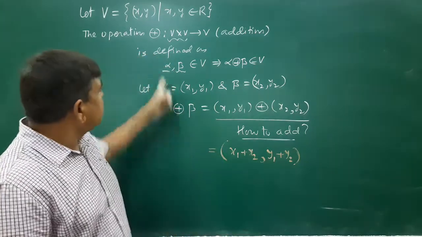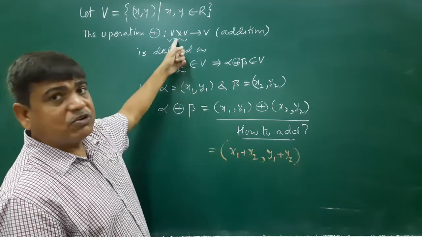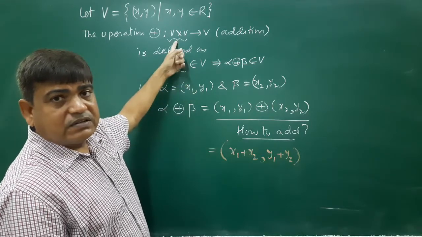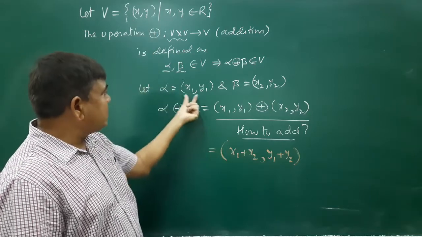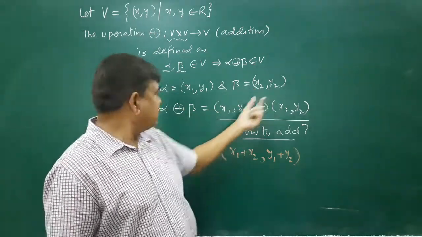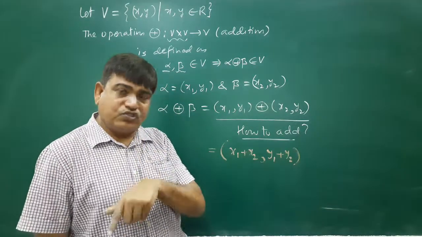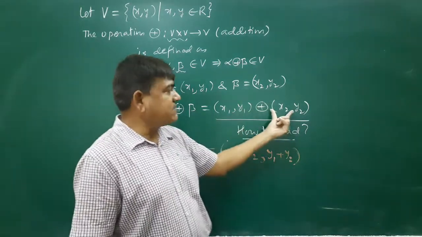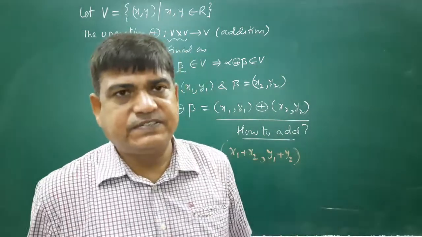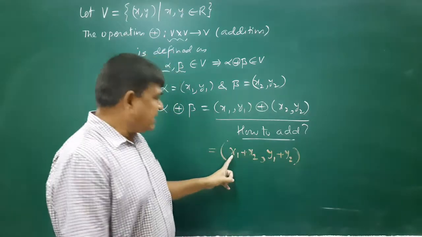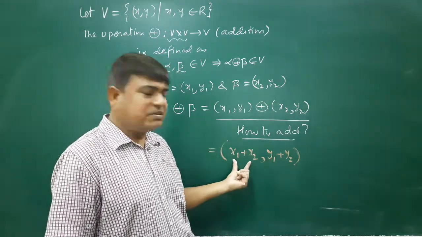So, what is alpha here? The member of this. What is beta here? The member of this. What is the nature of alpha in terms of pair? So I took alpha is this and beta is this. This one must be given in the question. So here two pairs are added, means we add the respective components. x1 is a real number, x2 is a real number, so their sum is also real numbers.